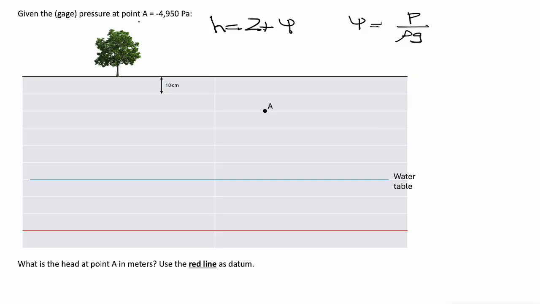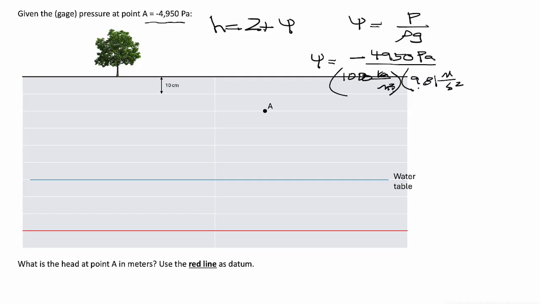So first thing we're going to do is take this pressure and calculate the matric potential psi. So we're going to say psi for this point is equal to negative 4950 pascals, all in the MKS units, divided by the 1,000 kilograms per cubic meter, that's the density, times 9.81 meters per second squared, that's G, and we plug that into our calculator.